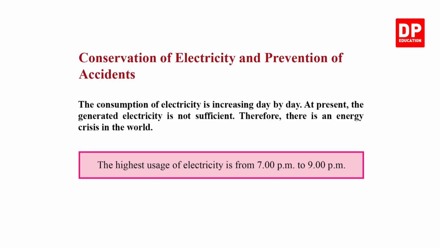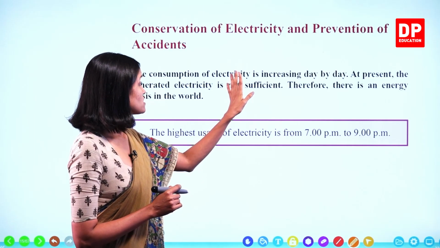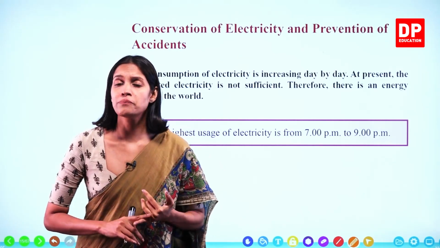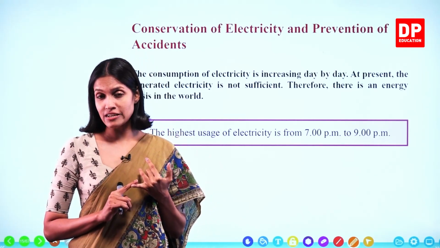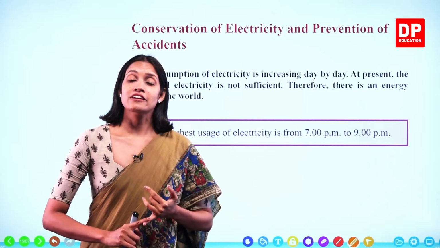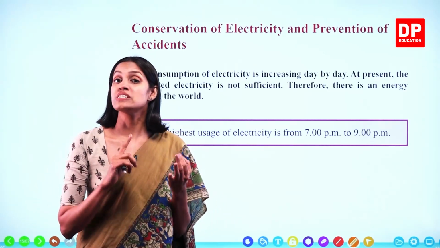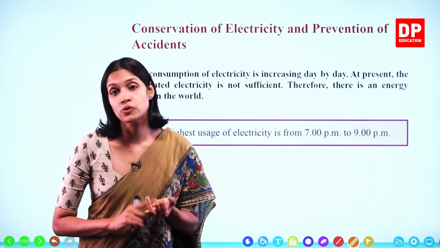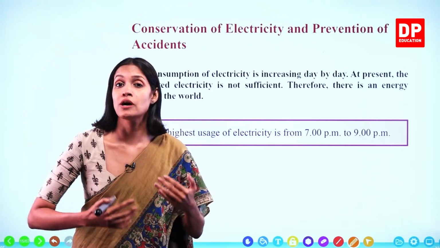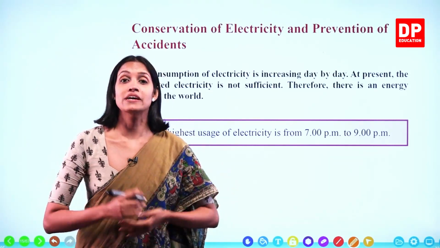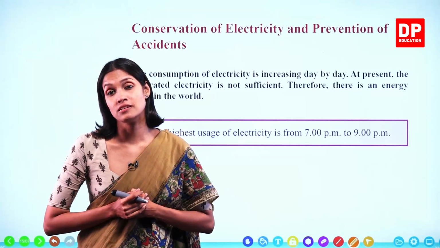At present, the generated electricity is not sufficient. So why is it not sufficient, children? Do you remember the main methods of generating electricity? We can generate electricity using dynamos, using chemical cells, and using solar energy, right? Using solar panels. In the presence of solar energy, we can generate electricity, right?